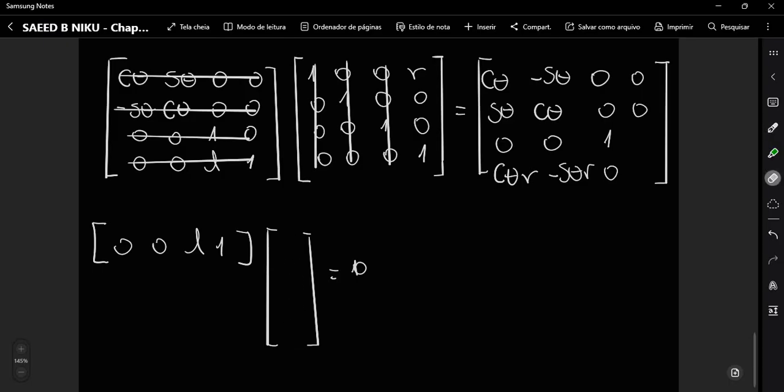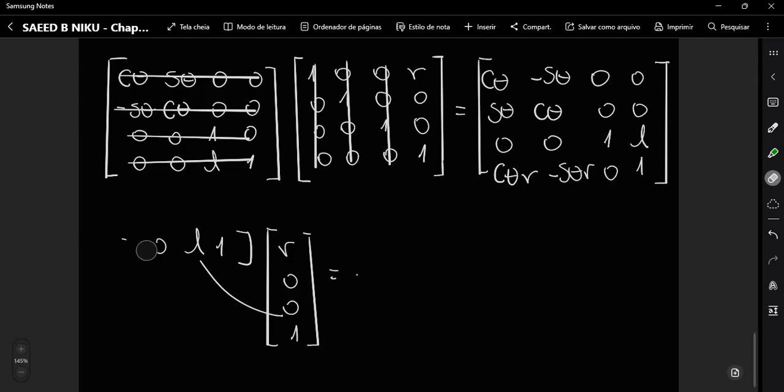Right here, this third column, 0010, and we obtain the value of L. And now the last column are 001, which is 1.